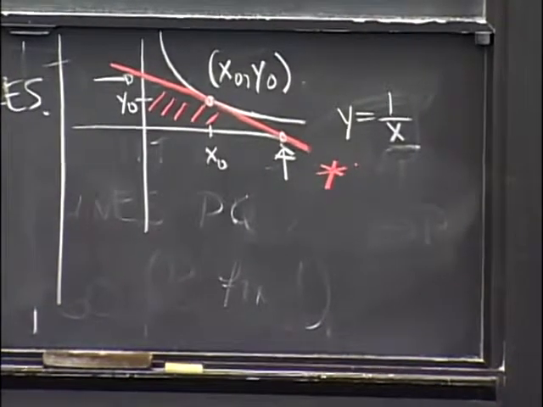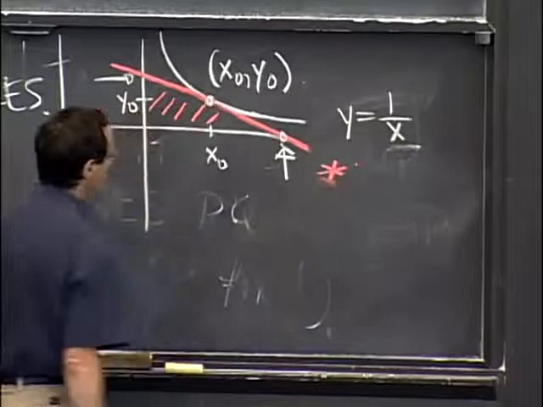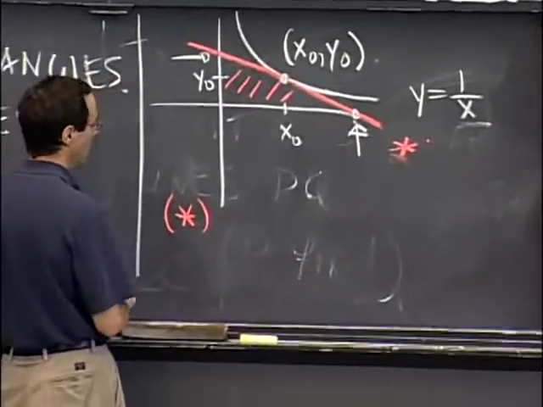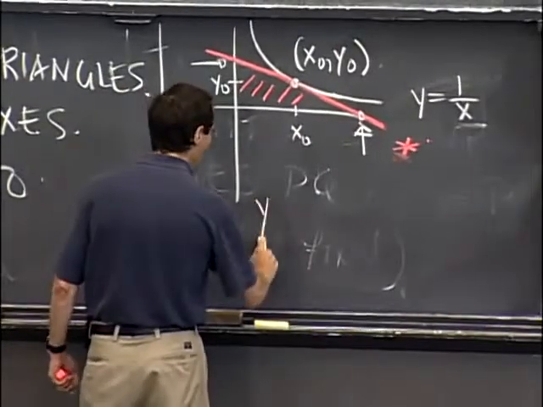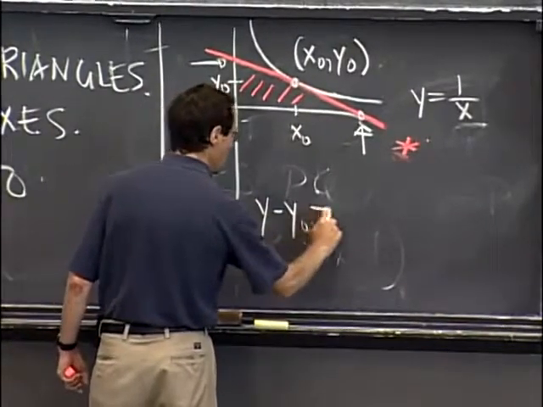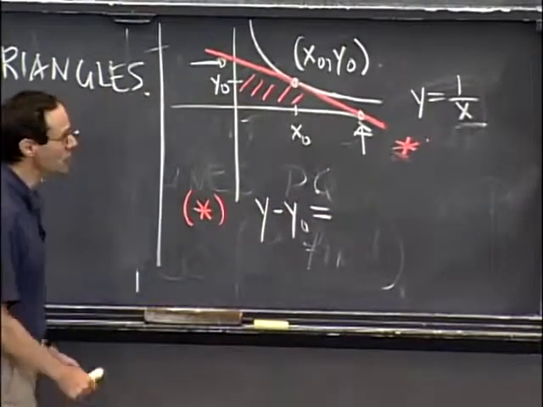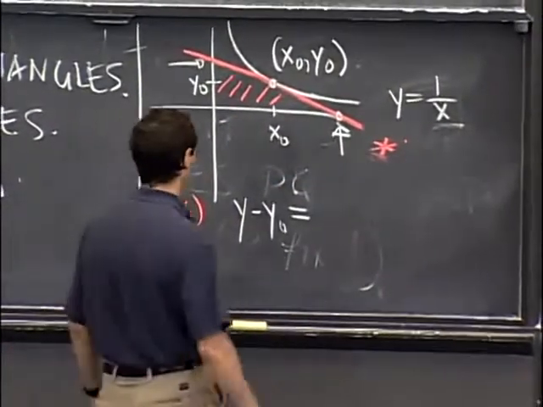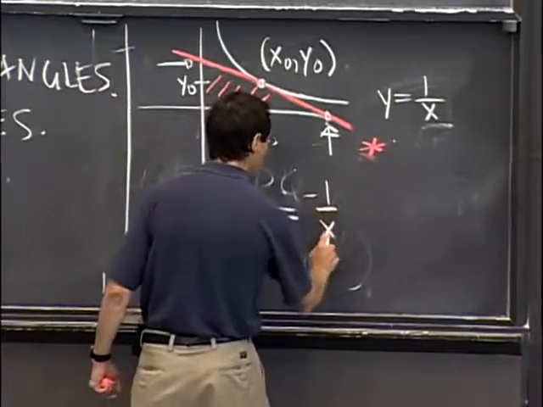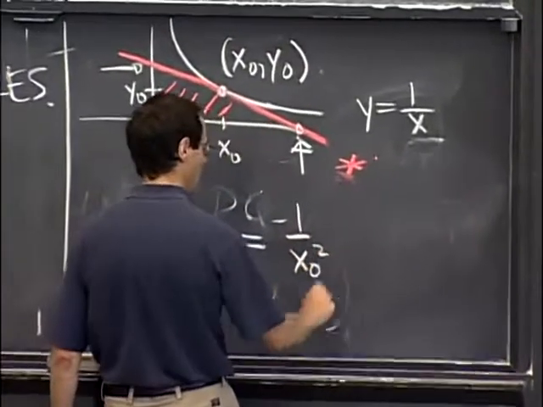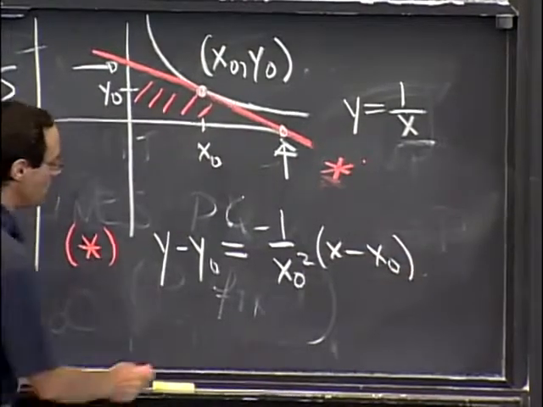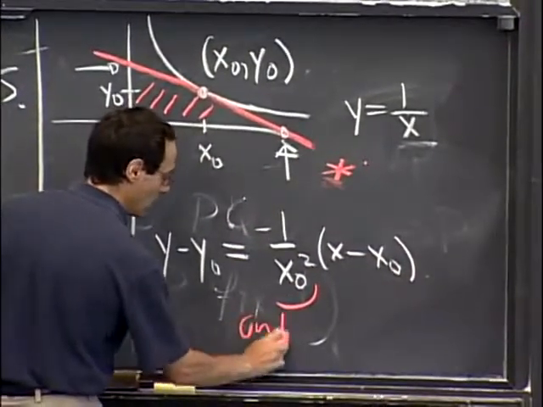It's just that slope that we need. So what's the formula for the tangent line? Put that over here. It's going to be y minus y0 is equal to, and here's the magic number. We already calculated it. It's in the box over there. It's minus 1 over x0 squared, times x minus x0.